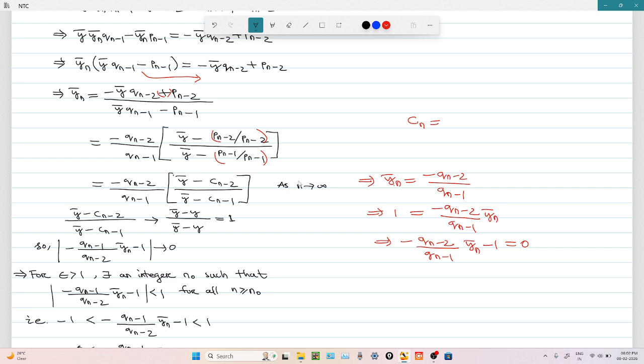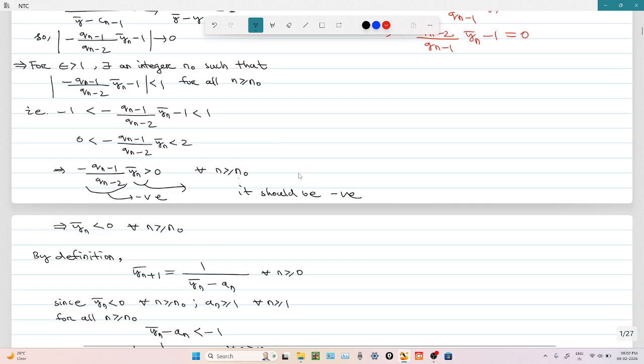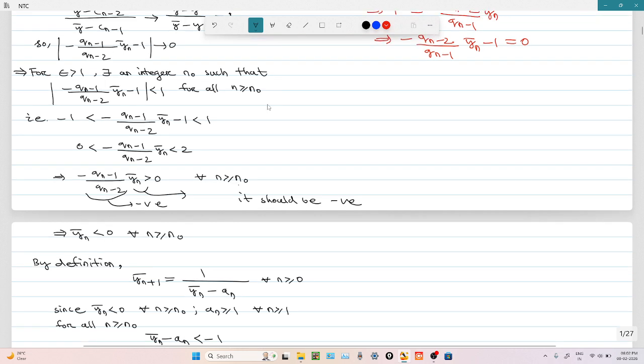Now, for epsilon greater than 0 there exists an integer n0 such that we can write the modulus of minus q n minus 1 divided by q n minus 2 times the conjugate of yn minus 1 is less than 1 for all n greater than or equal to n0.